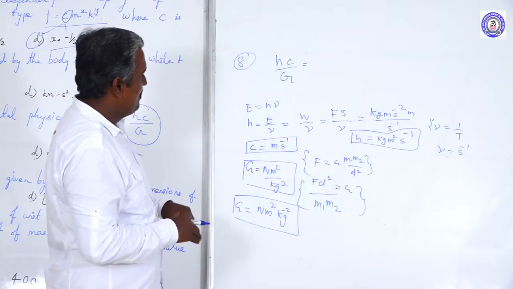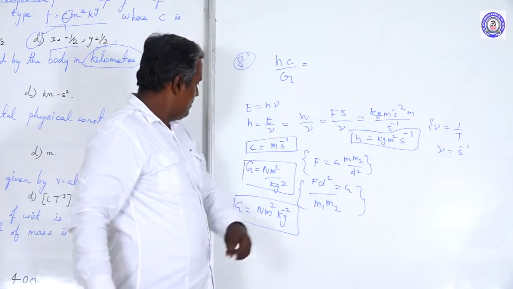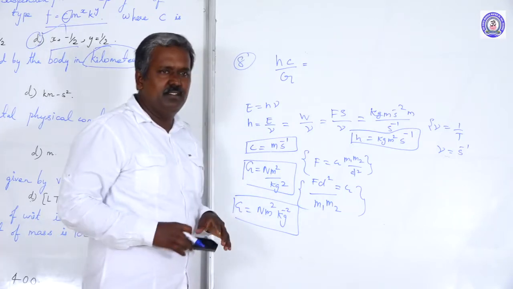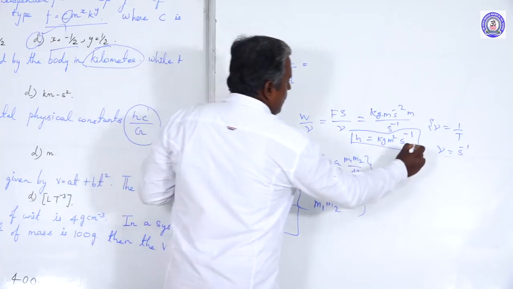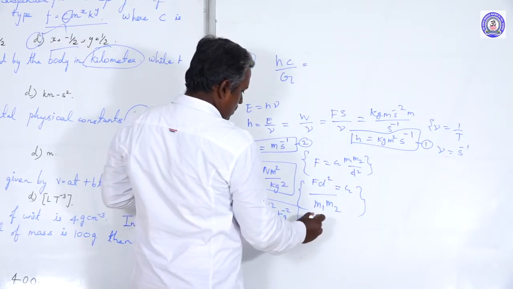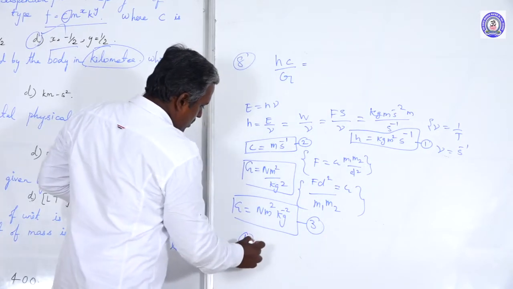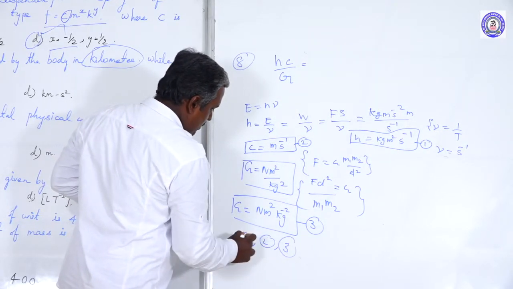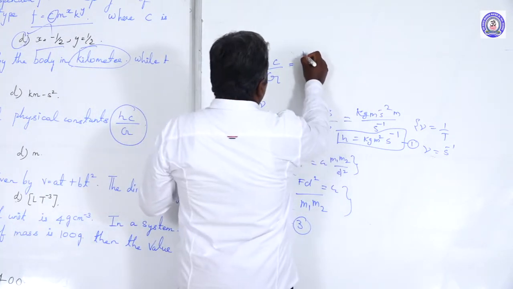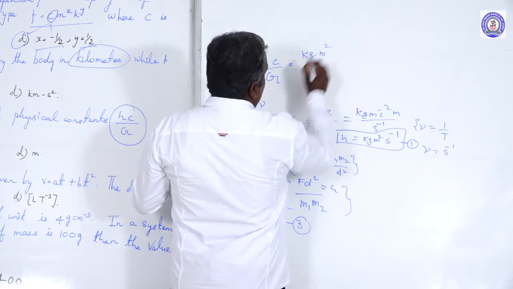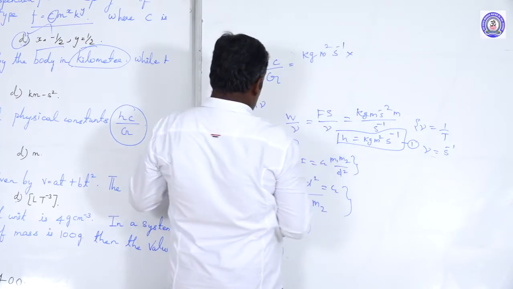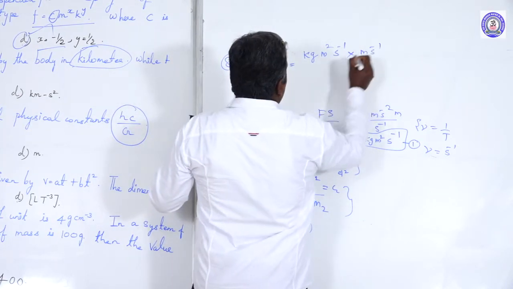So for h, this is the unit. For c, this is the unit. For G, this is the unit. So these are equations 1, 2, 3 to substitute in this formula. For h, kilogram meter square second inverse. For c, meter per second.